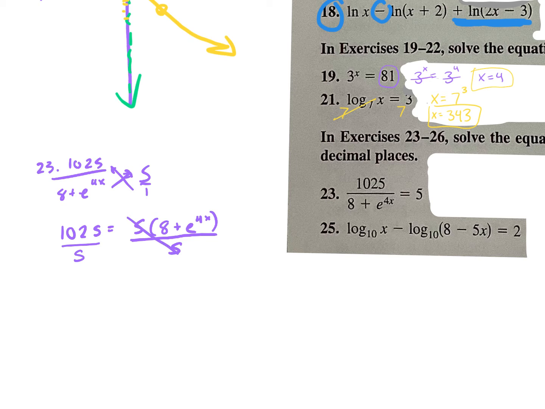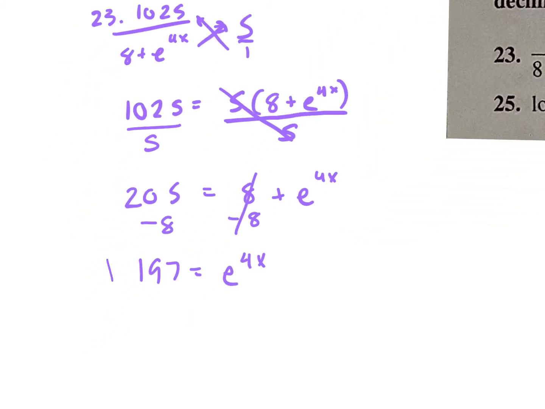So it'll cancel. So this would be 205 is equal to 8 plus e to the power of 4x. Subtract 8 from both sides. So 197 is equal to e to the power of 4x. To get rid of that e, I need to take the ln of both sides.